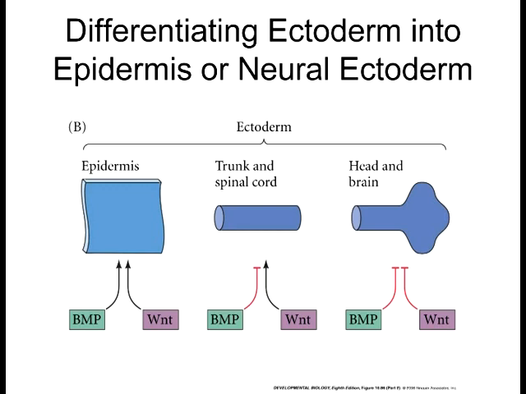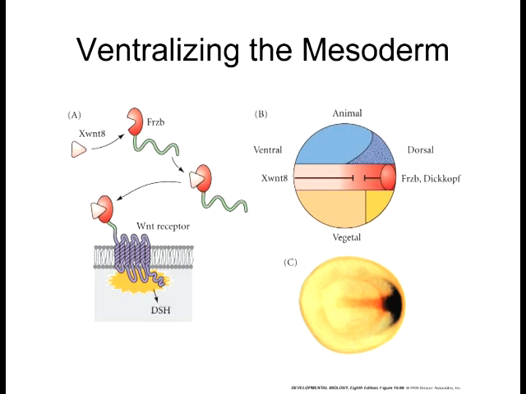So this is just one example of many different ways in which paracrine signaling will block certain signal transduction pathways. Over here, these are allowed. Near the organizer, they're not allowed. BMP and Wnt signaling is not allowed, and that allows this ectoderm to become neural tissue specifically for the head.